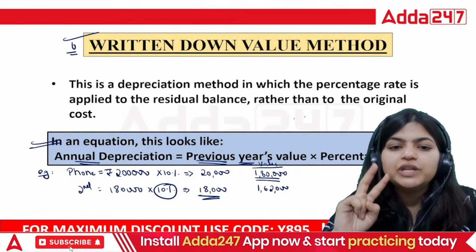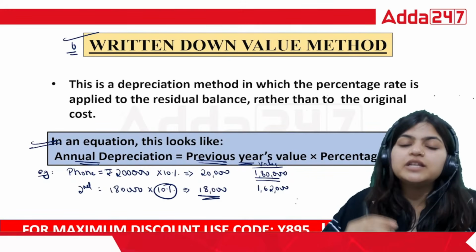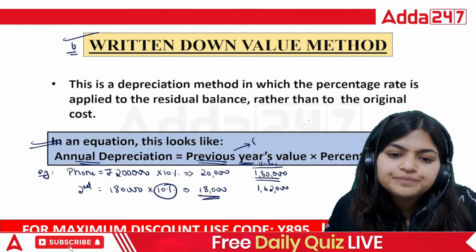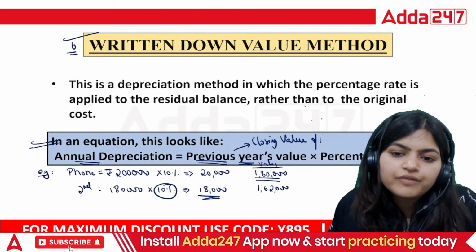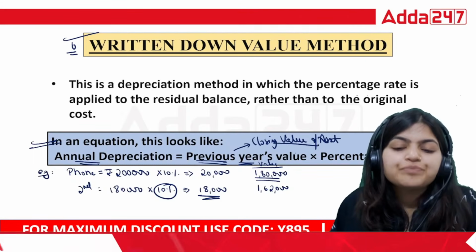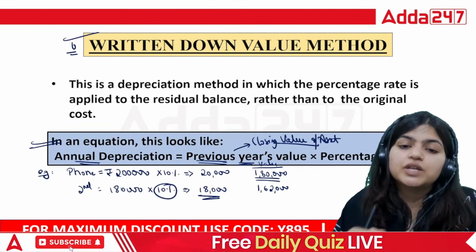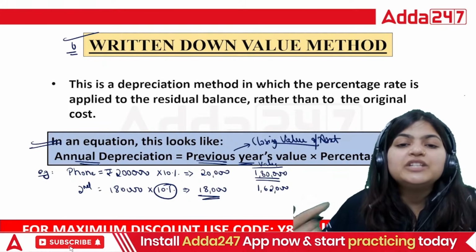So two things you need to take in the WDV method: first, calculate the closing value of the asset, meaning the previous year's value, and then multiply by the percentage rate of depreciation. Every year your WDV depreciation amount will be changing.